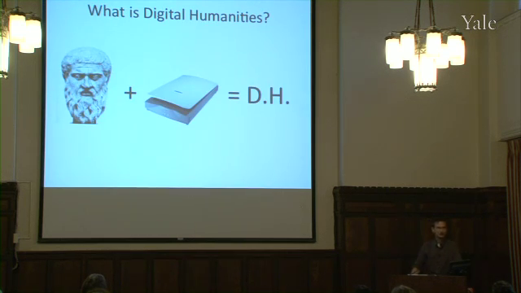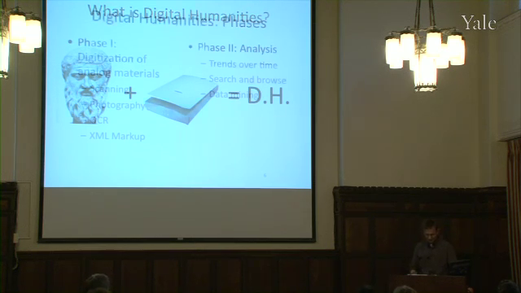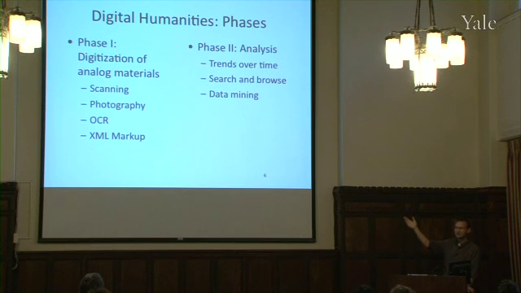So what is the digital humanities? And this is kind of the picture that I want people to avoid. It's that you take some humanities and you scan it and you get digital humanities. And you can think of this as two phases. The first phase in digital humanities is exactly that digitization phase.